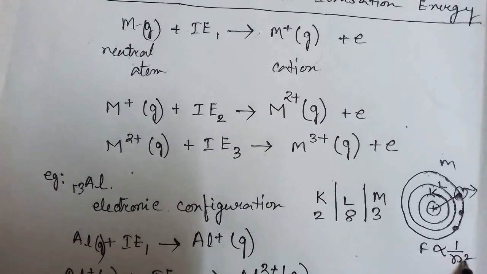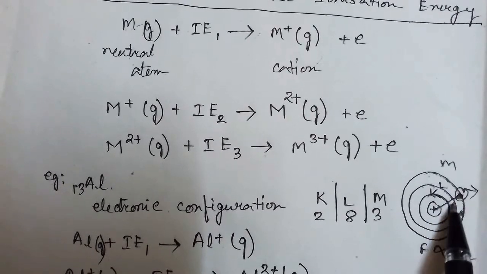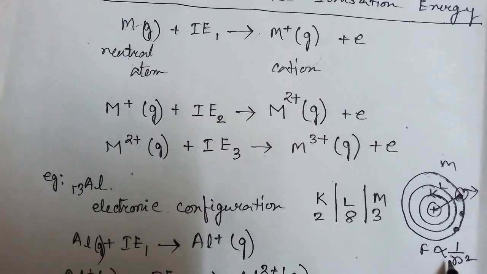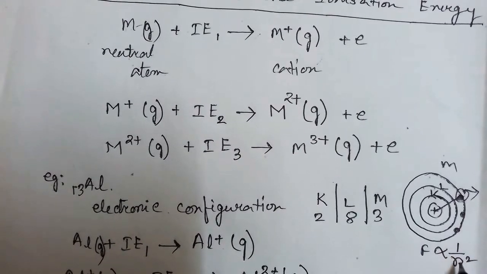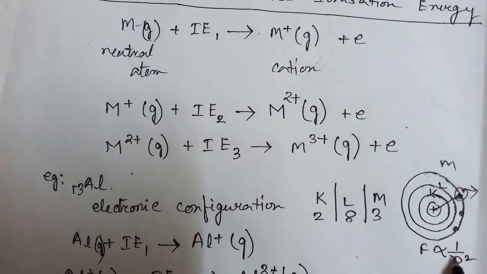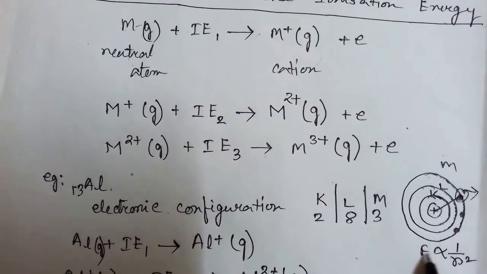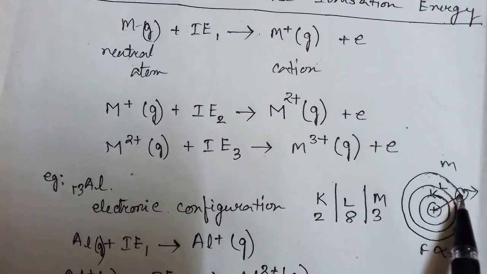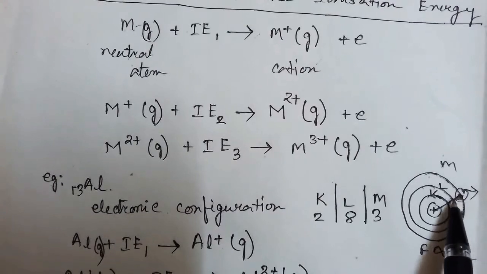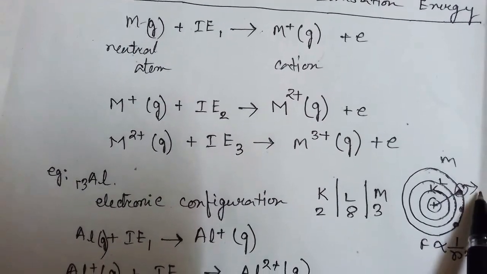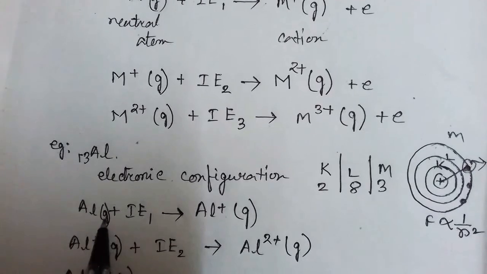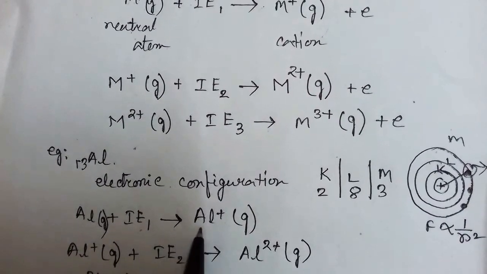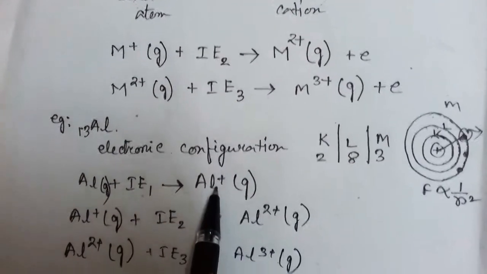As the distance from the nucleus increases, the attraction force varies inversely with r square, r being greater, F will be lesser. So lesser pull for the last electron, so a lesser amount of energy is needed to pull it off.